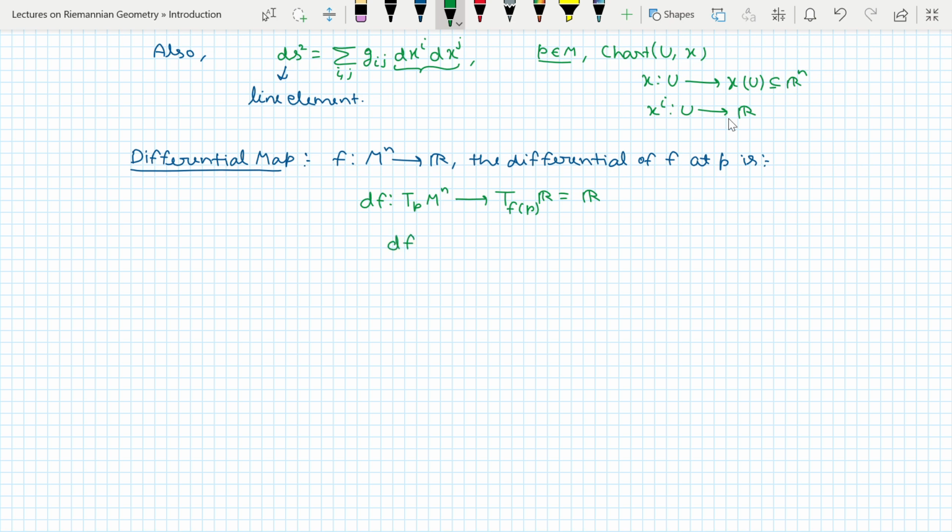This is given by df of v, where v comes from TPM, the vector. And how does it work? The tangent vector at the point P operates on the function f.